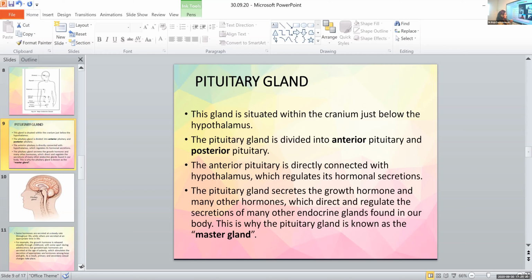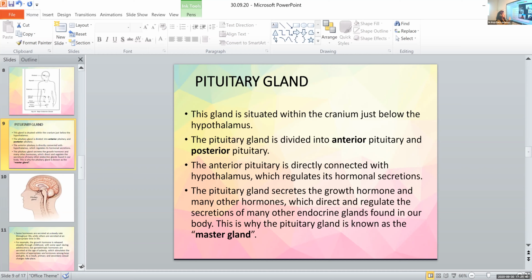Understood? So this is like a messenger. Sometimes the other endocrine glands would be sleeping and the pituitary would set an alarm for them.